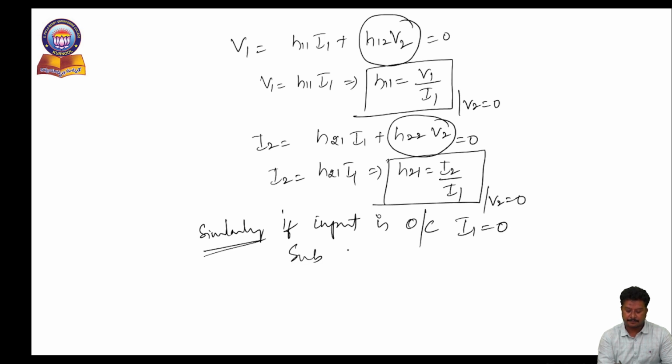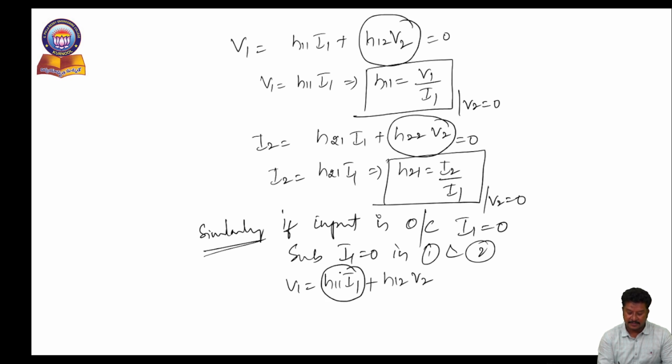Substitute I1 is equal to 0 in equations 1 and 2. After substituting I1 is equal to 0, in V1 is equal to H11 I1 plus H12 V2, this term becomes 0, and finally I am getting V1 by V2 is equal to H12 by considering I1 is equal to 0.